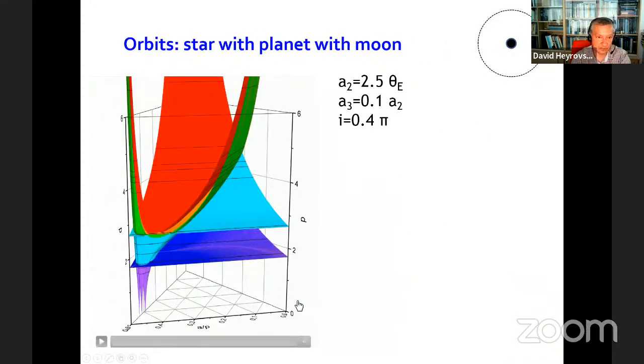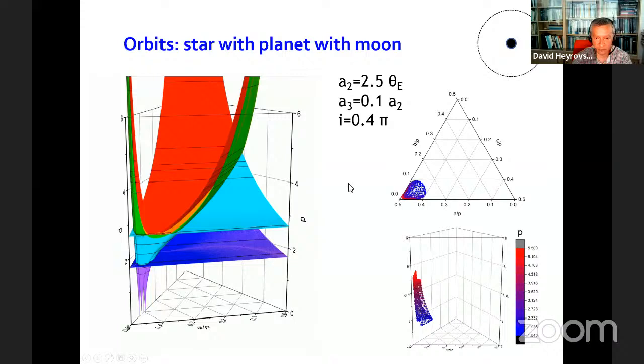The final promised regime is the star with the planet with the moon. Again, I have a model here where the planet-moon separation is 10 times smaller than the planet-star separation, just for the model. Again, we are looking nearly edge-on, so you will have quite dramatic changes in the configuration of the lens. Here I have it rotated a bit. In my case, this is the part of the parameter space corresponding to the exomoon configuration.